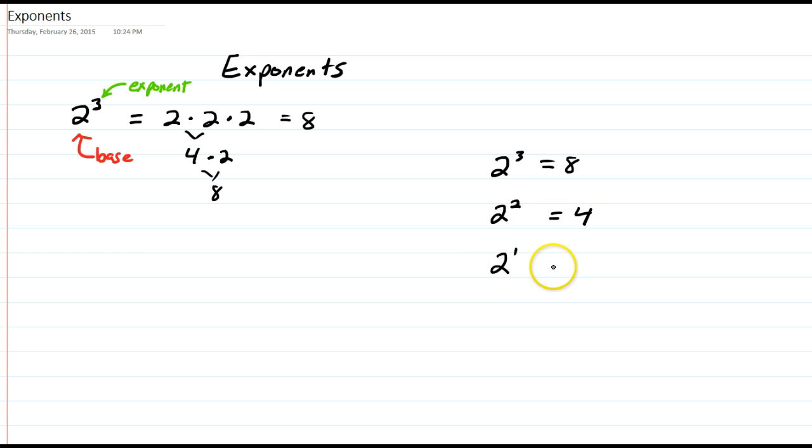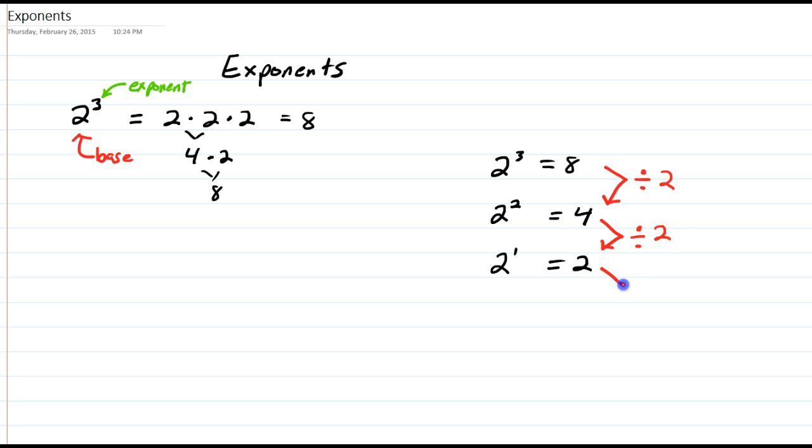So if I only have one 2, the answer would be 2. And so what I want to look at here is look for a pattern. So as I go from 8 to 4, what did I do to 8 to get 4? You might think minus 4, but then that rule wouldn't work going from 4 to 2. And so the rule is, we're dividing by 2.